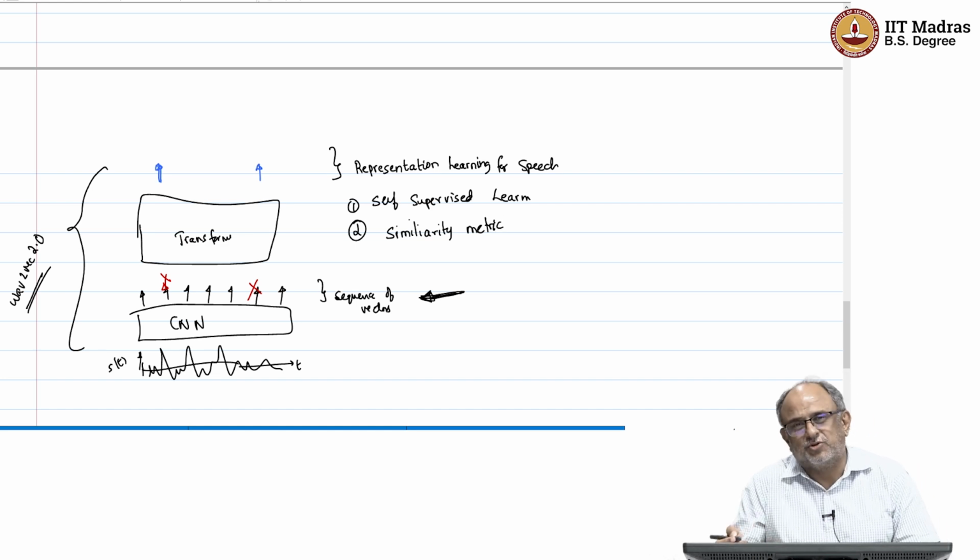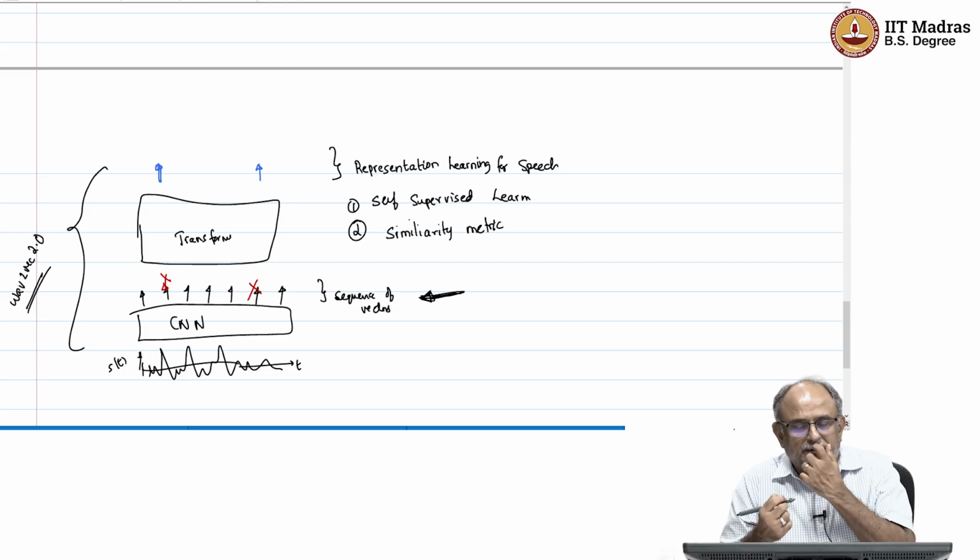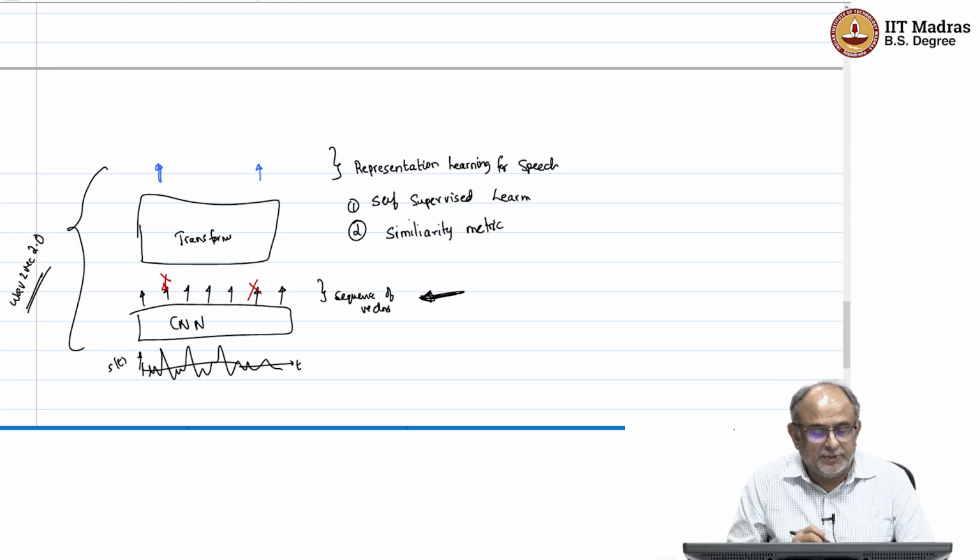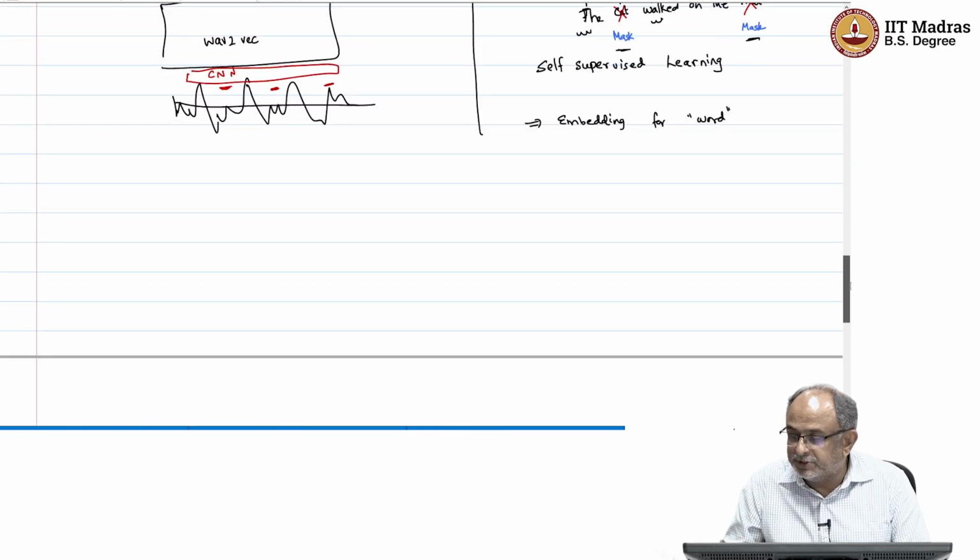Usually for vectors, it is a cosine distance kind of an idea, and an inner product, dot product kind of an idea will come in somewhere. You could use Euclidean distance, but usually something like a dot product works very well. So, this is the basic idea, and what is the purpose of BERT?